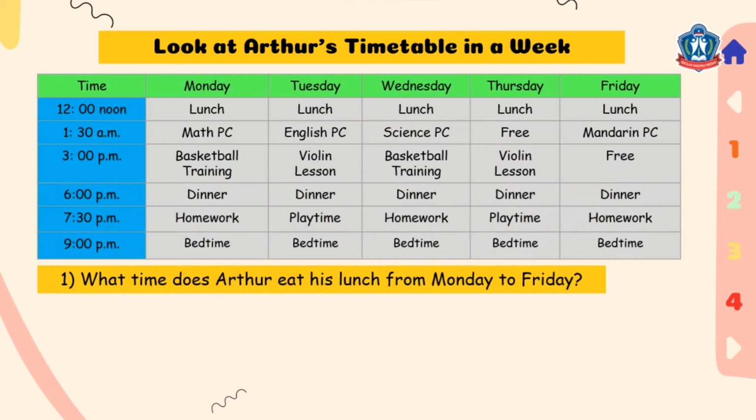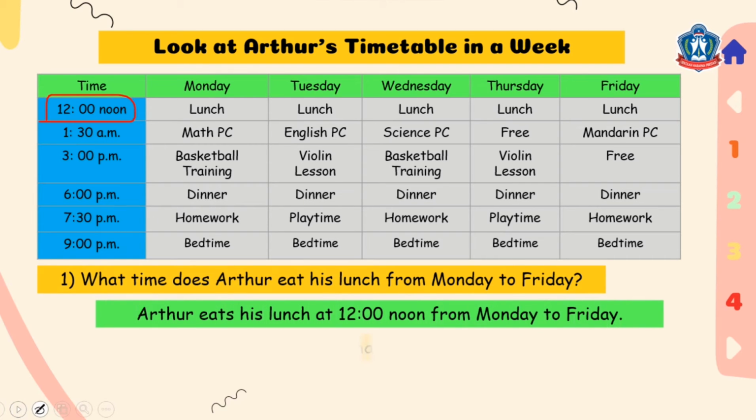So I have here some questions. Question number 1. What time does Arthur eat his lunch from Monday to Friday? Take a look. What's the time for his lunch? Yes, it's 12 noon. So every day, he eats his lunch at 12 noon.